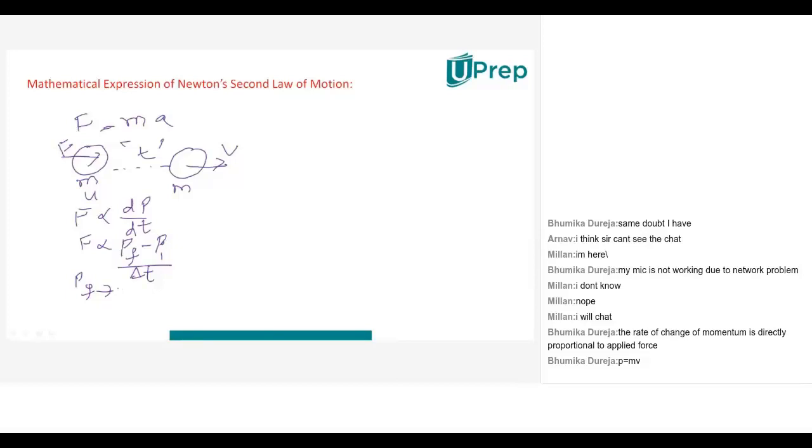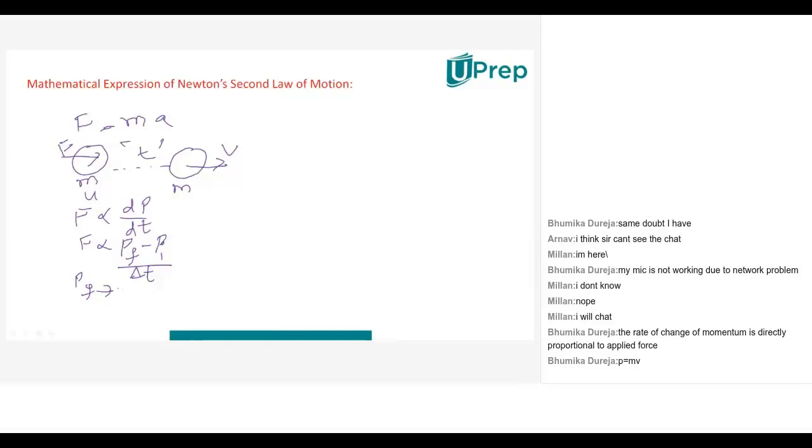So now I am writing Pf first. What is the Pf value? mv. Minus what is the Pi value? mu. In how much time did this change of momentum occur? t. So F is proportional to mv minus mu by t. And now I am writing F is proportional to, m I can take common, so m into v minus u by t.